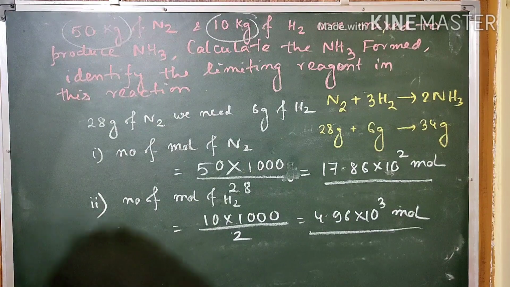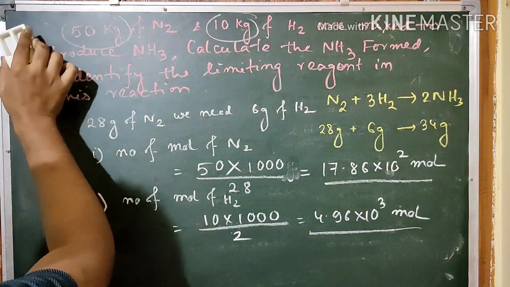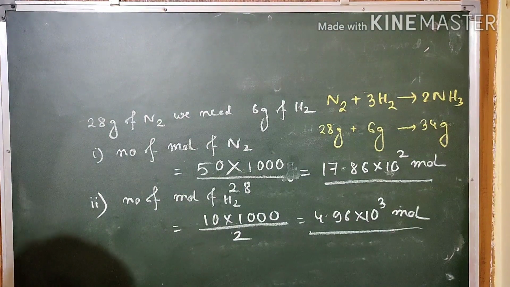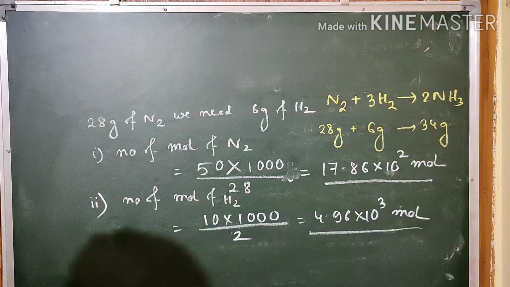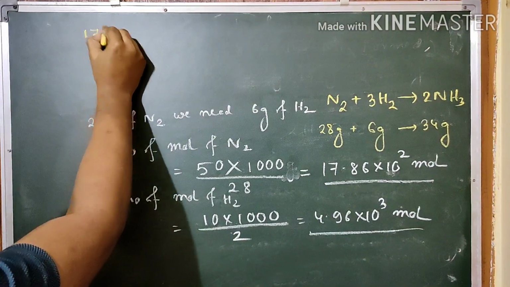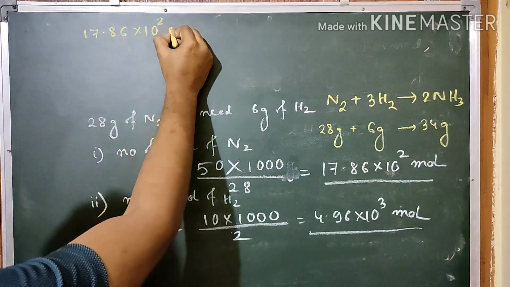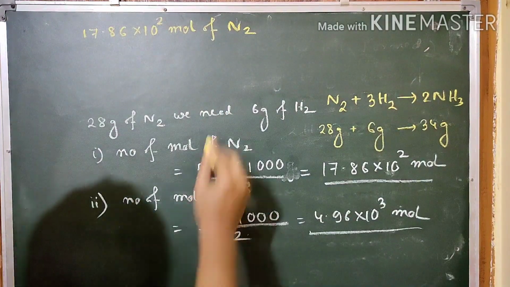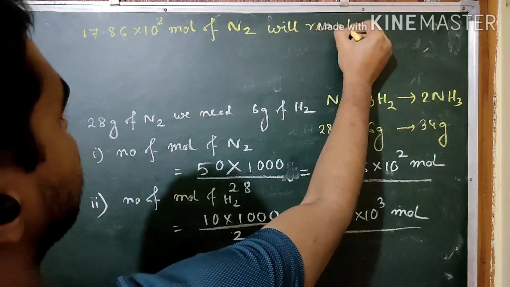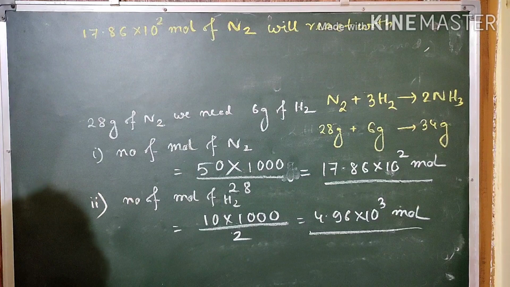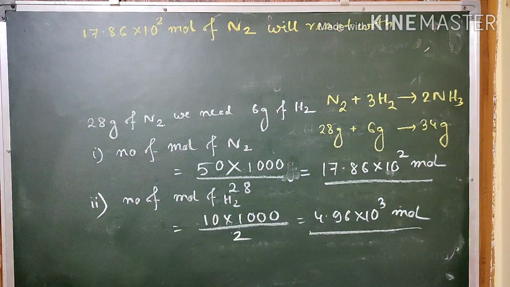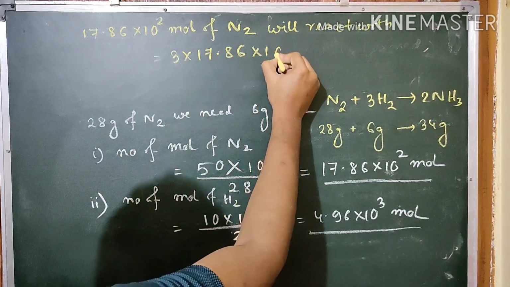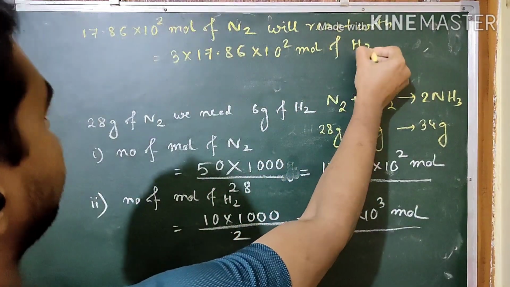So 17.86 into 10 to the power 2 mole of nitrogen will react with 3 into 17.86 into 10 to the power 2 moles of hydrogen, since 1 mole of nitrogen reacts with 3 moles of hydrogen.